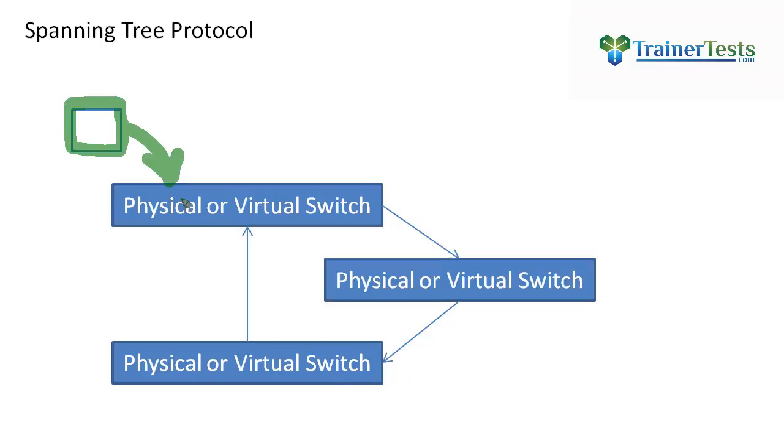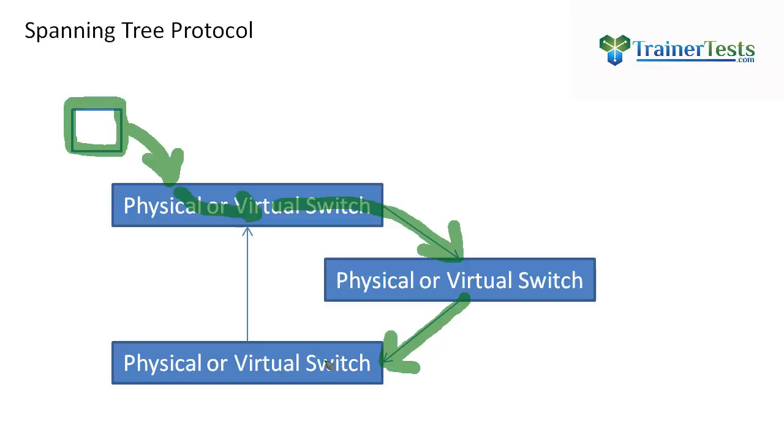Well, when my switch receives that broadcast traffic, it's going to flood it out every single port on that layer 2 network, including this port here that connects to another physical or virtual switch. So when that broadcast is received by this other switch, it'll go through the same process. It'll flood it out all ports, even ports that connect to other network devices.